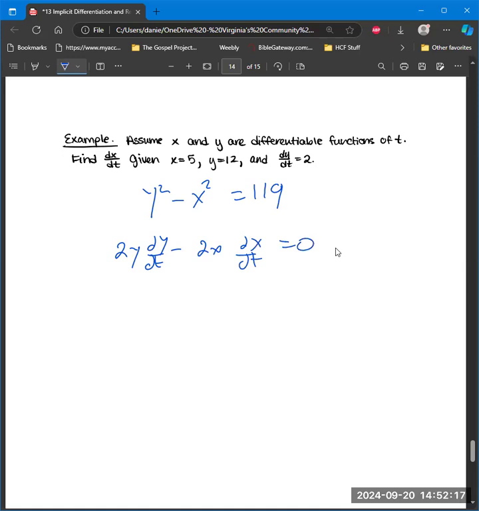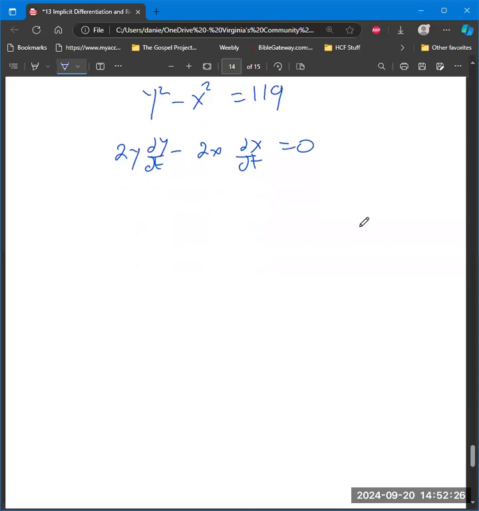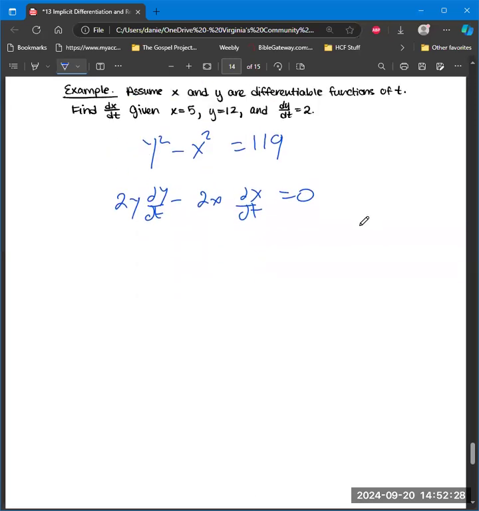dx/dt is what I'm trying to find. x is 5, y is 12, dy/dt is 2, dx/dt is unknown.